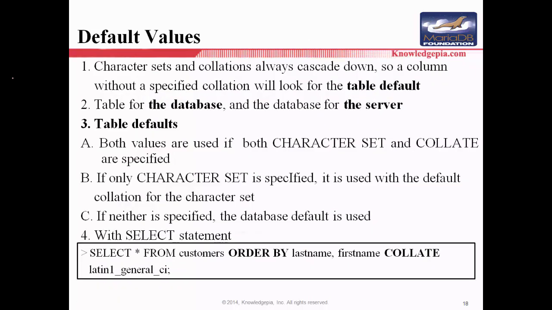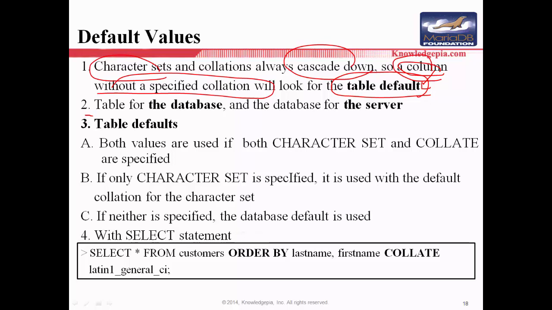Default values for character set and collation. Character set and collation always cascade down. Cascade down means a column without a specified collation looks for the table default, bringing the default setting from the table.